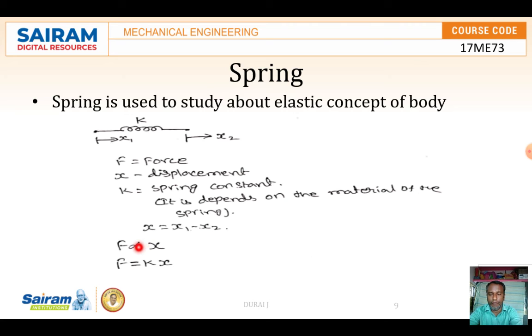So f is proportional to x, the displacement, so that f is equal to kx. Here k is the spring constant. So wherever the spring comes, we are going to substitute f is equal to kx.